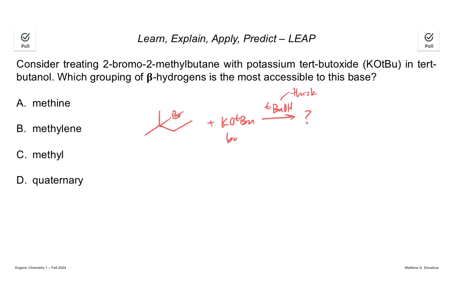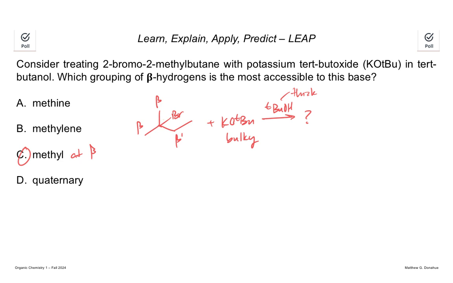So we know that this is a bulky base. There's our beta and beta prime. It asks which group of beta hydrogens is the most accessible. The methyl groups labeled with the beta position will be the most accessible. The beta prime carbon is shielded by a methyl and then everything over here, so these are less accessible.